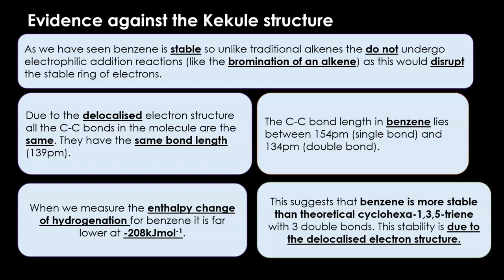The hydrogenation enthalpy is only minus 208, not minus 360 if it had three double bonds. So clearly it cannot have the three double bonds Kekulé structure. So our modern representation takes these facts into account and of course allows us to claim the new model, the new structure, doesn't suffer from these flaws as the Kekulé structure does.